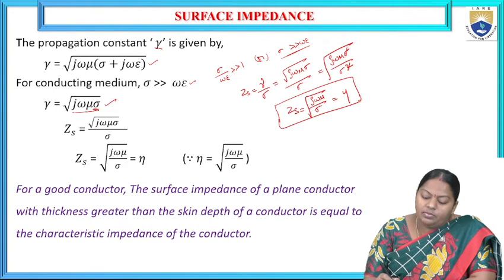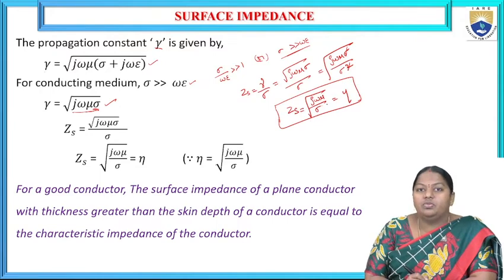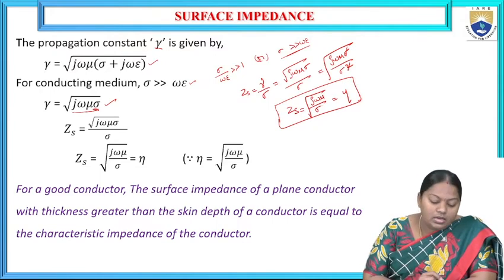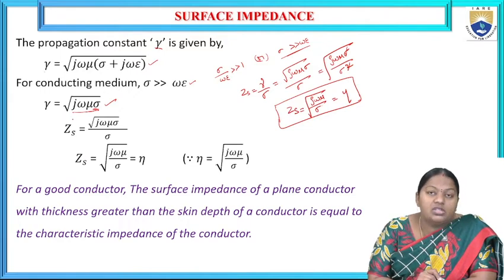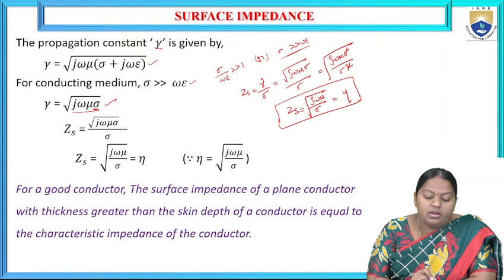And mathematically we can write Zs is equal to eta equal to root over j omega mu by sigma, right? See here, if you observe, gamma from the propagation characteristics is root over j omega mu into sigma, and Zs is equal to root over j omega mu sigma by sigma.